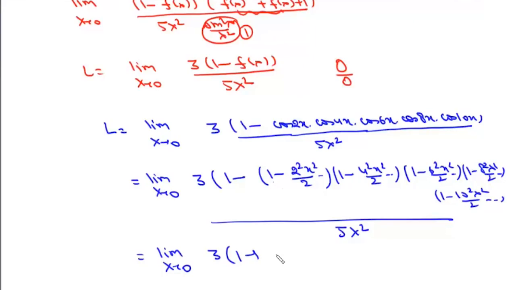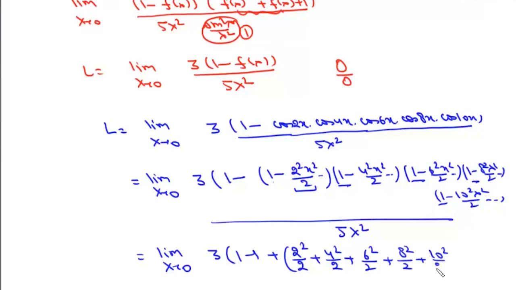Then we need to find the coefficient of x square. We'll get x square if this x square gets multiplied with all these ones. Now this is minus minus plus, so it will be plus 2 square upon 2 plus 4 square upon 2 plus 6 square upon 2 plus 8 square upon 2 plus 10 square upon 2, times x square, upon 5x square.